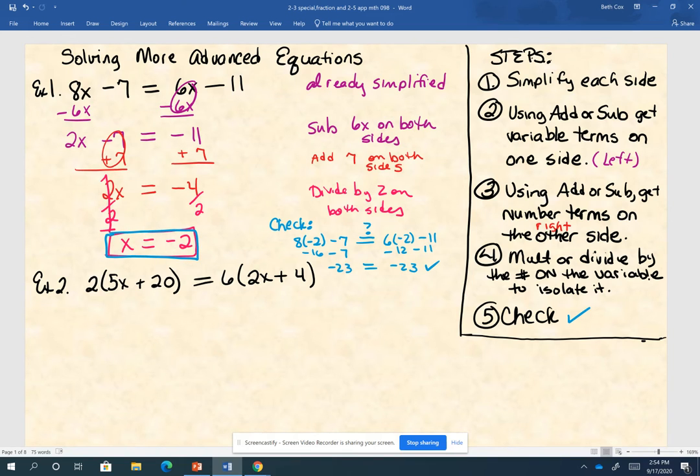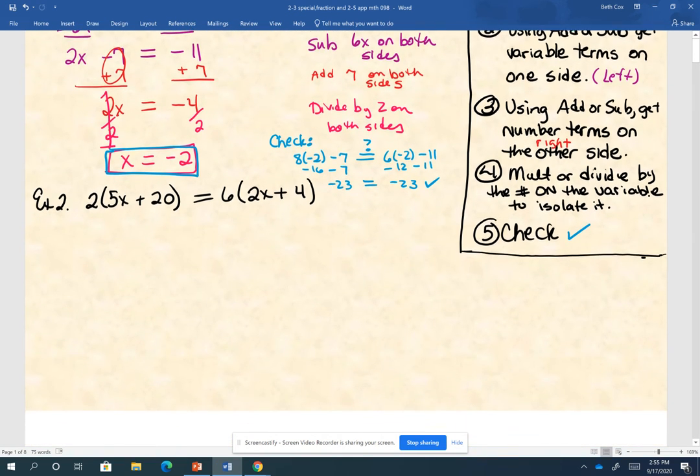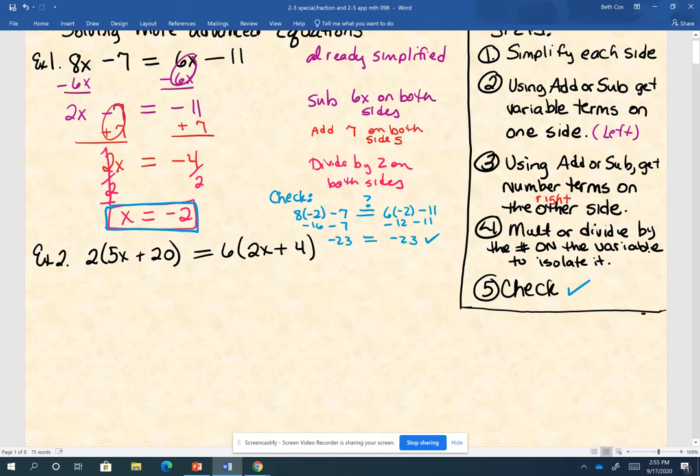Okay, so now we're going to do this next one really quick. Go ahead, stop the video, see if you can do it on your own, by yourself, and then come back and see if you get it right. Okay, first step. I'm going to simplify each side. So that means I'm going to multiply using the distributive property.